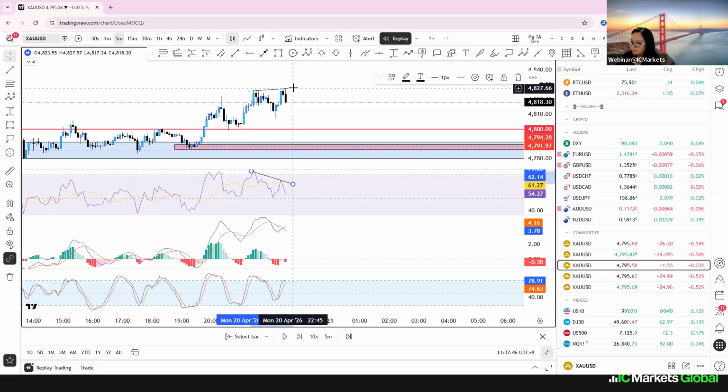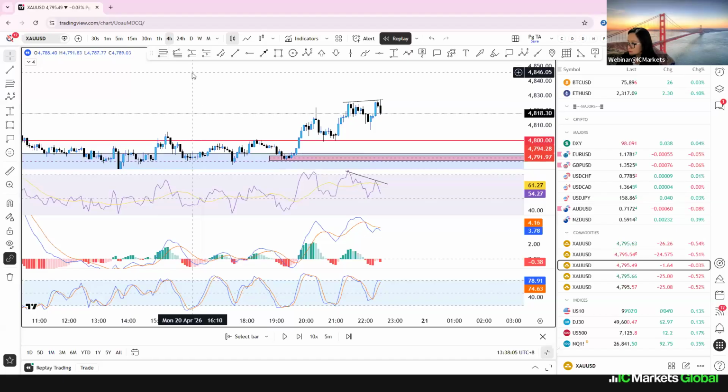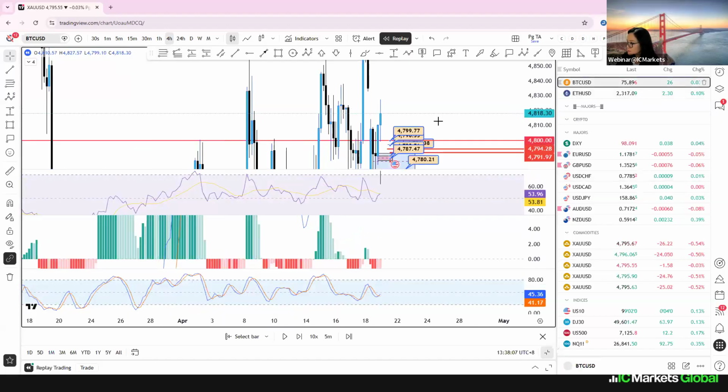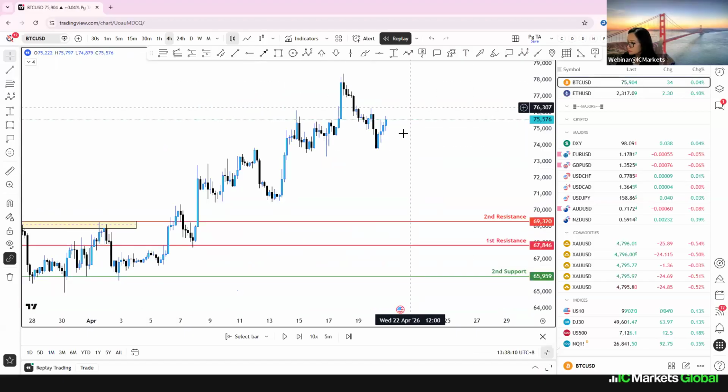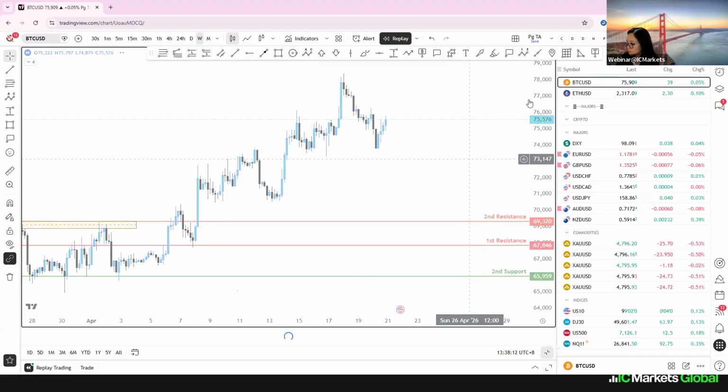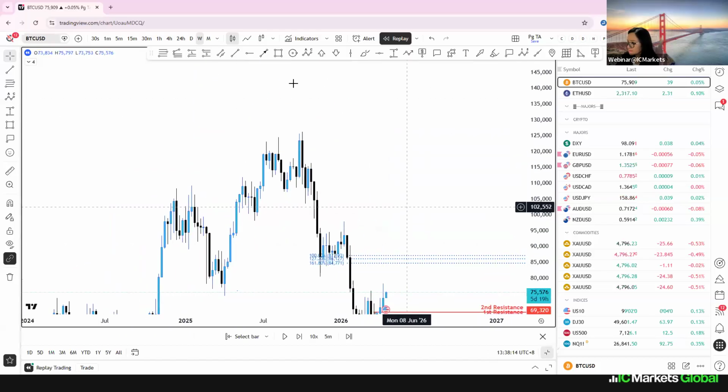This is a bearish divergence, guys. I saw the divergence in BTC in the weekly time frame before the big fall here.